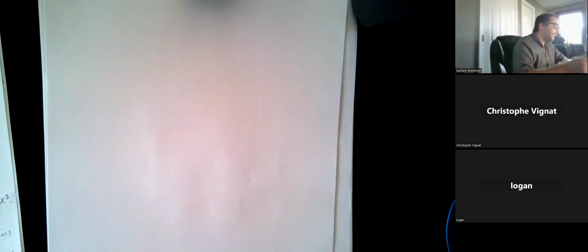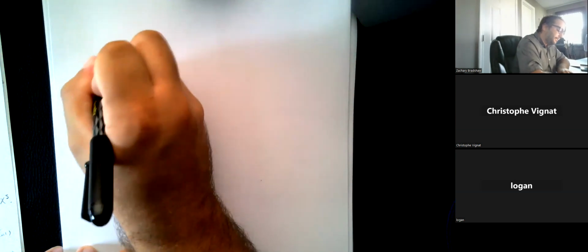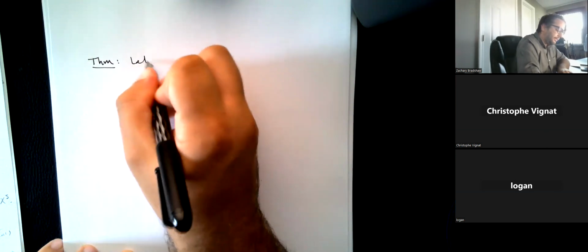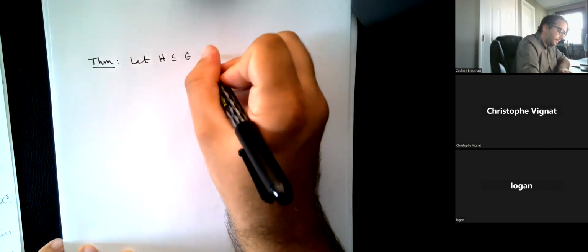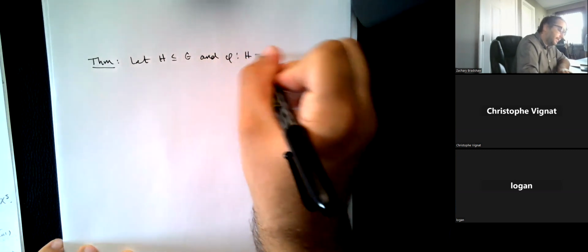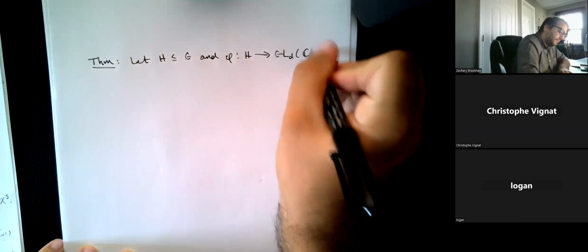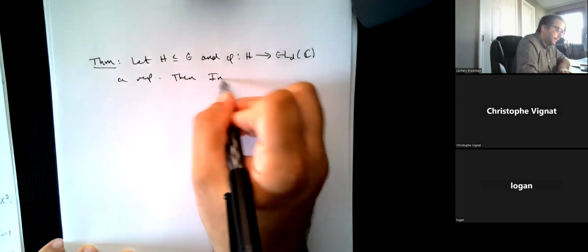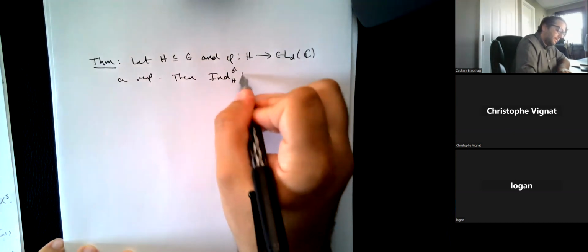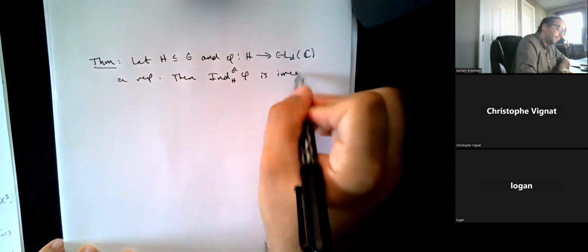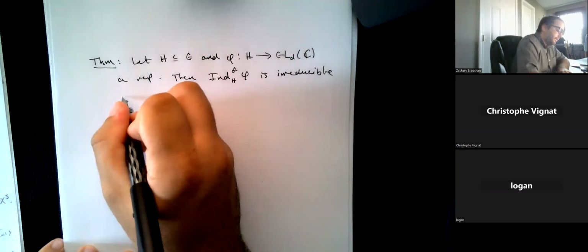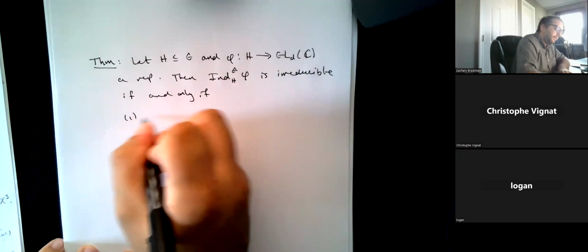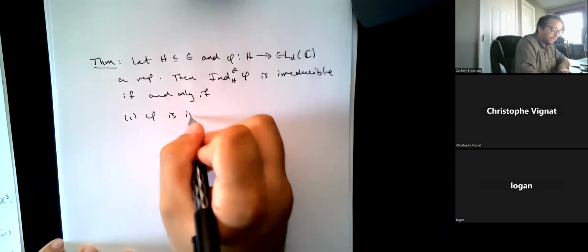From this thing, we get this nice irreducibility criterion. So let H be a subgroup of G and phi a representation of H. Then the induced representation from H to G of phi is irreducible if and only if the following hold. So it's necessary that phi is irreducible.